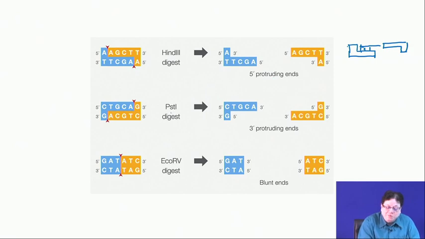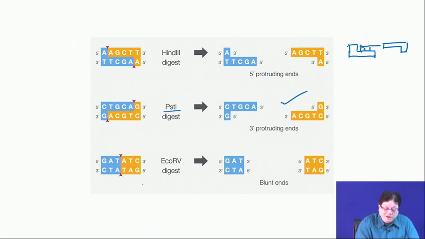Similarly, there is PstI, another enzyme which recognizes CTGCAG. Again, this is a palindrome. This gives a 3 prime overhang, where the 3 prime end is extended.